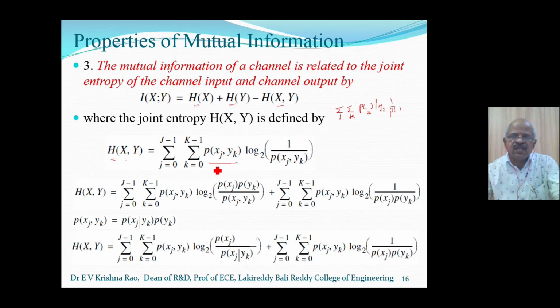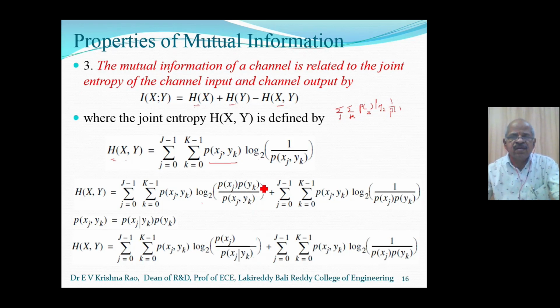We are further simplifying with just mathematical manipulation, without any loss of generality, so without changing any value: the summation of p of xj comma yk times the logarithm base 2 of 1 by p of xj yk, and we are adding the logarithm of p of xj and p of yk.